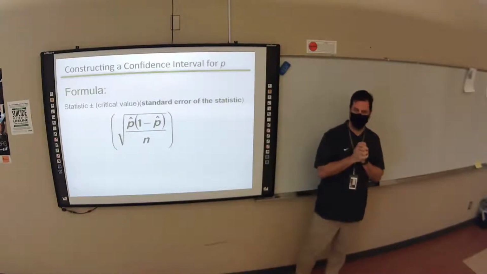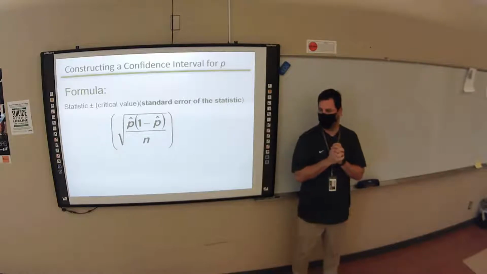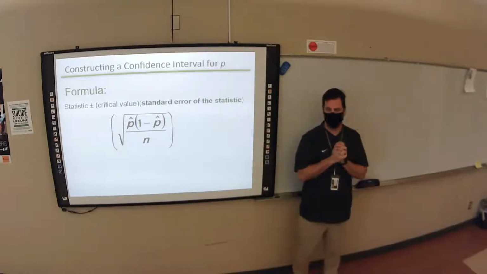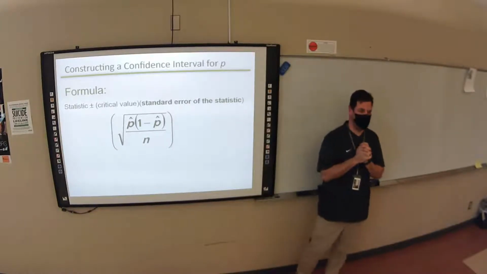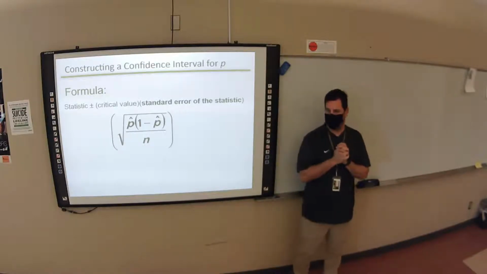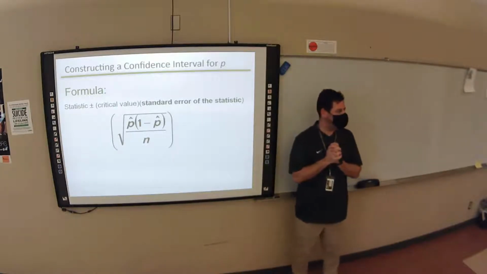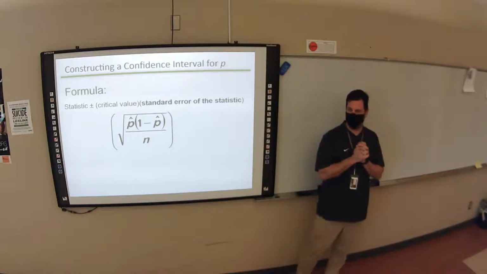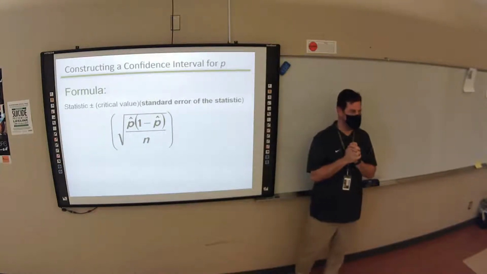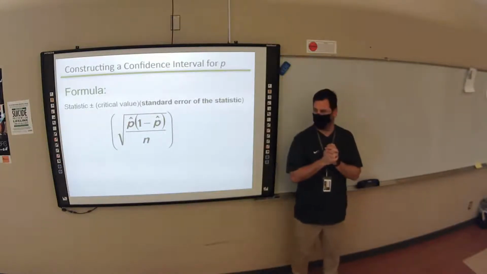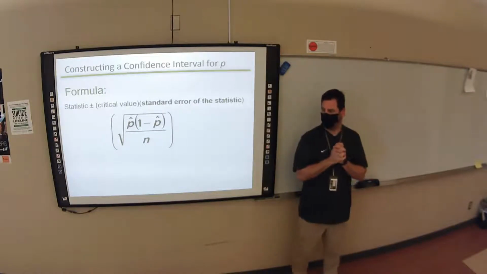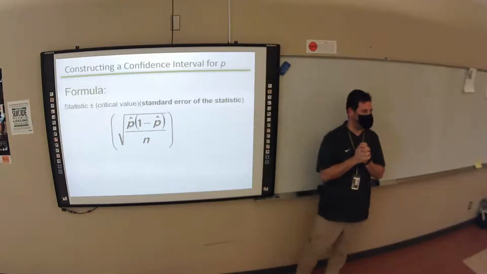What's different about this one than the one we were given last chapter? It's subtle. What's the difference? It uses p hats, right? Last chapter, it didn't have the hats.